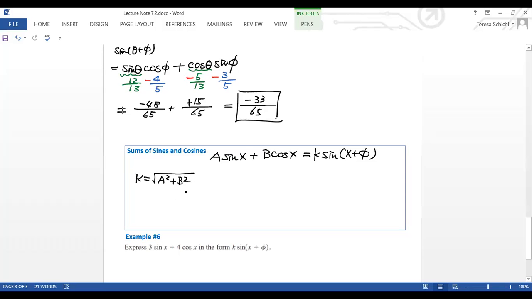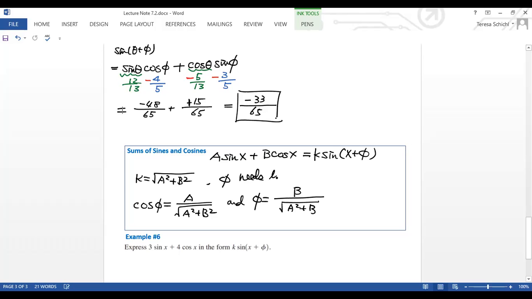And what is phi? Phi needs to satisfy both conditions: cosine phi equals a over the square root of a squared plus b squared, and sine phi equals b over the square root of a squared plus b squared.